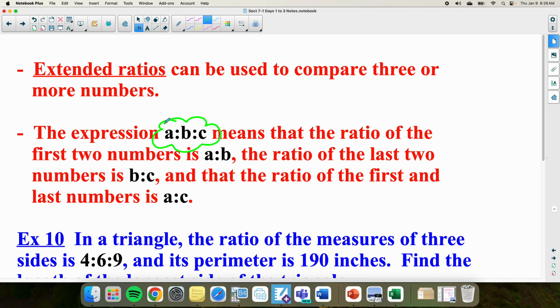Yeah, I couldn't think of that for some reason. So say that something they tell us is 2 to 5 to 7, something like that. What happens then is you would think of each of these as one being 2x, one being 5x, and one being 7x. You just put x with each one of them.